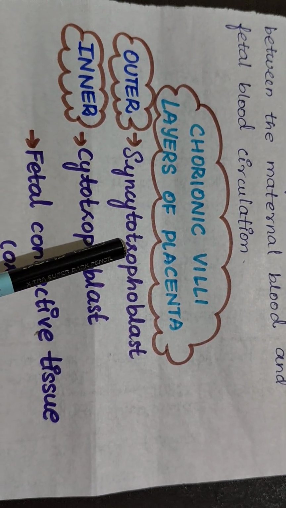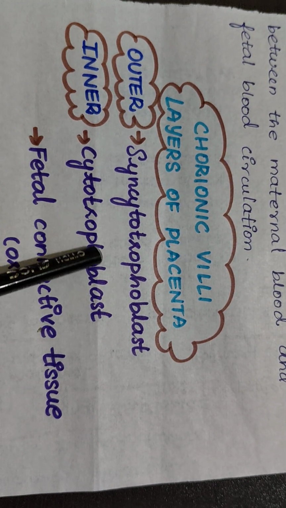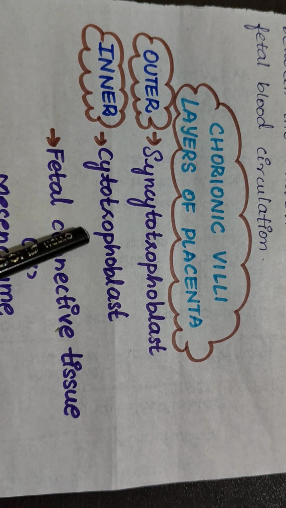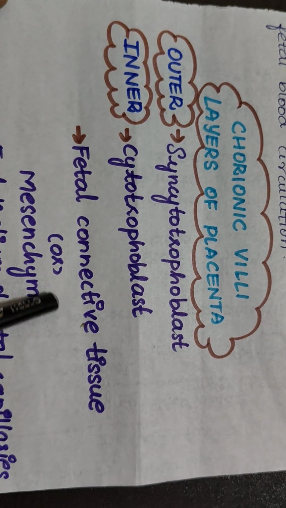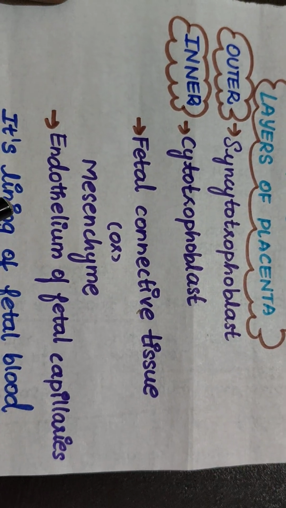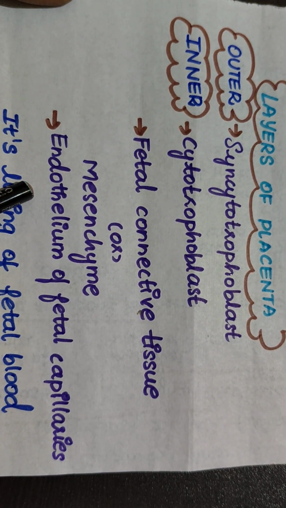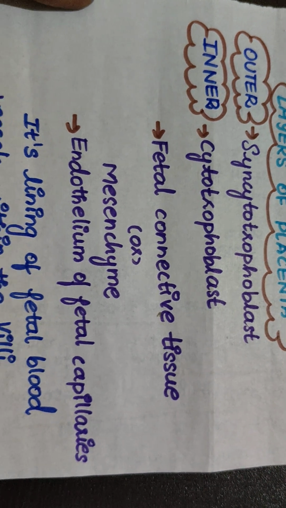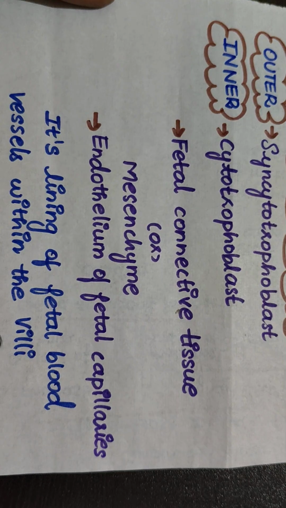The four layers are the outer syncytiotrophoblast, the cytotrophoblast, the fetal connective tissue or mesenchyme in the middle, and then the innermost layer, the endothelium of fetal capillaries, which is the lining of the fetal blood vessels within the villi.